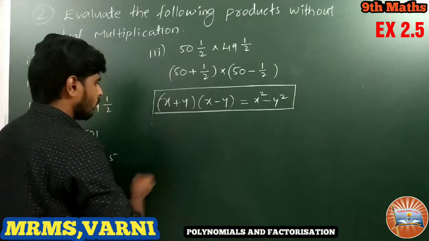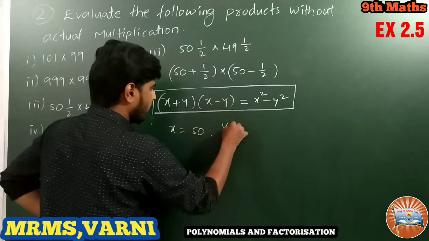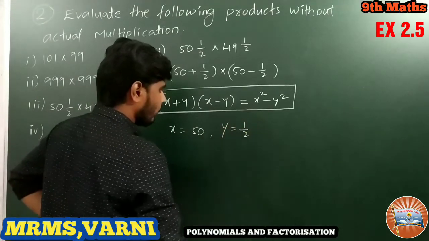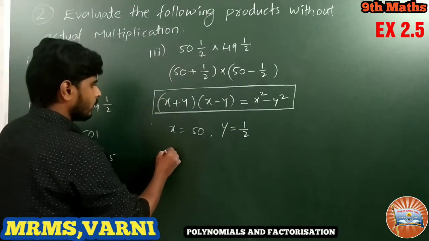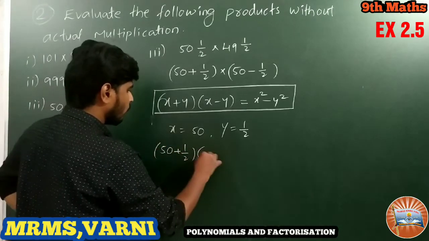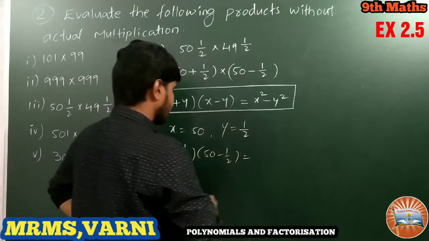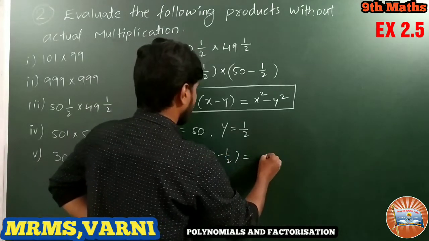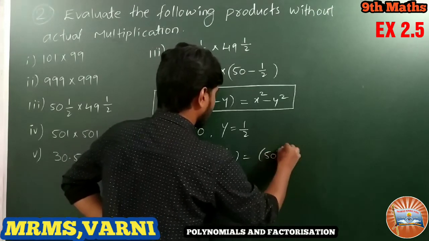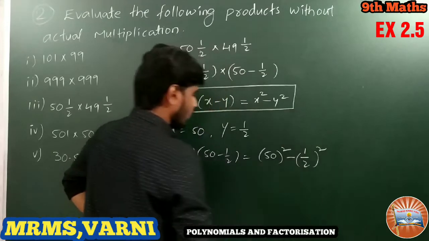So in place of x, 50 is there, in place of y, 1 by 2 is there. Okay, right. So 50 plus half into 50 minus half is equal to what? It becomes 50 whole square minus 1 by 2 whole square.